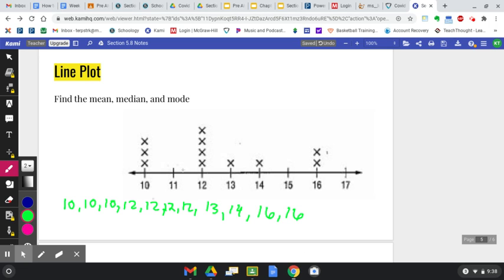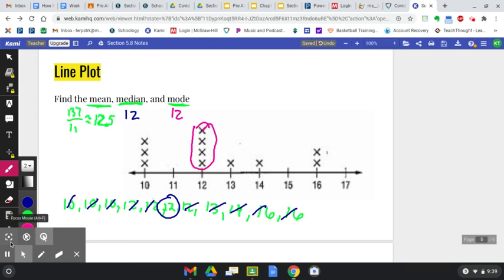So here's my set. I just have to take it from the information that's given to me. So I want you to take a minute, pause the video here, and find the mean, the median, and the mode from this set of data. Pause here and see how you do.